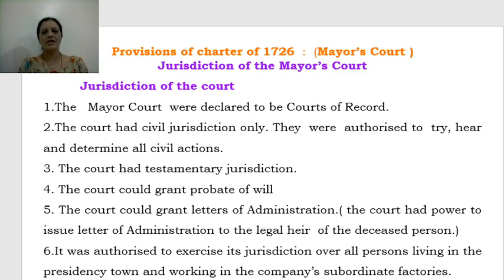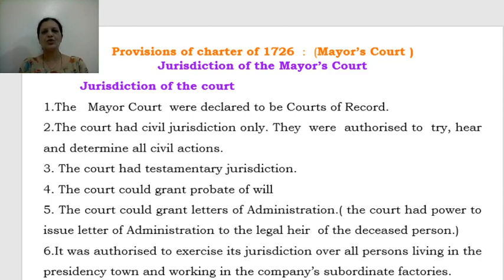Probate of will means the document which states that the will is true. That is known as probate of will. Number 5, the court could grant letters of administration.